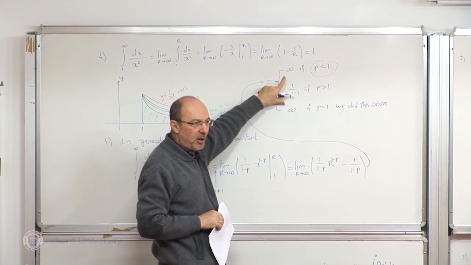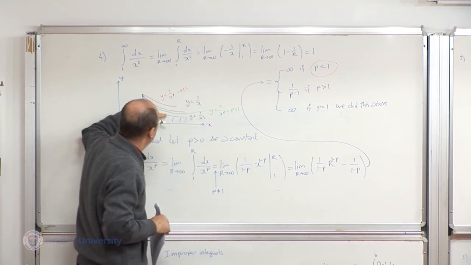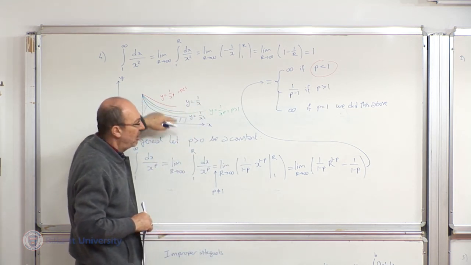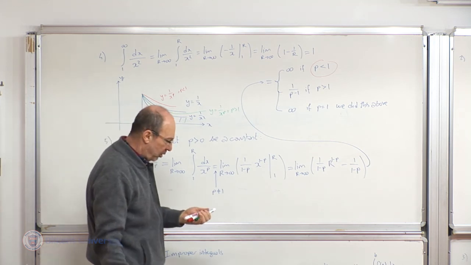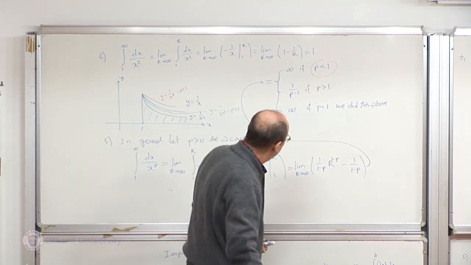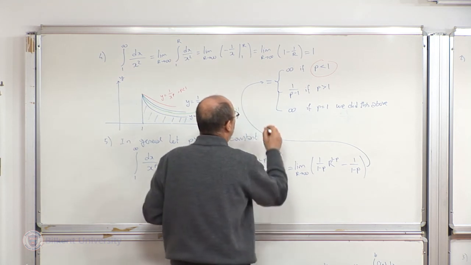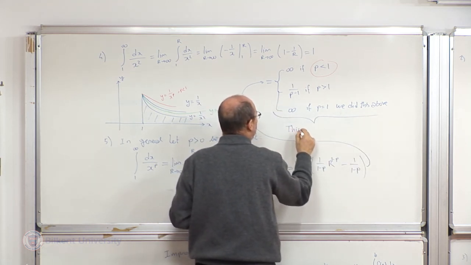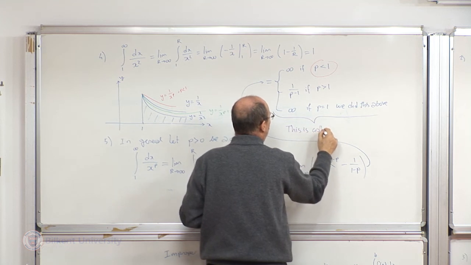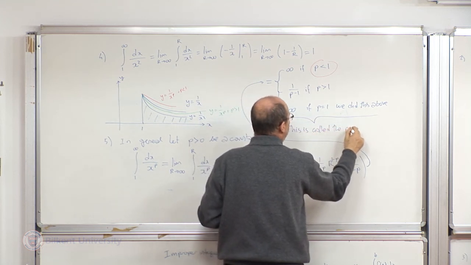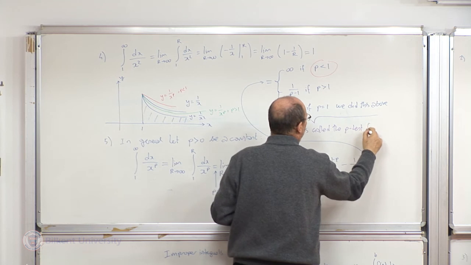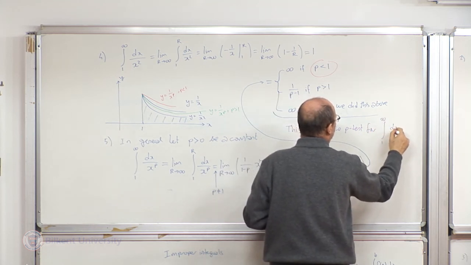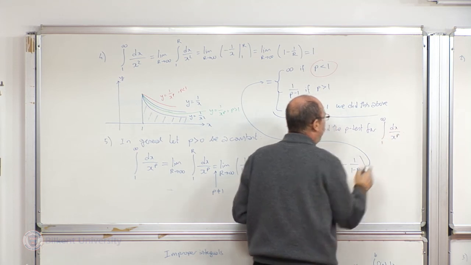You get larger area, and eventually when this green curve touches this one, y equals 1 over x, you'll get infinite area. So this is called the p test for improper integrals of the form dx over x to the p.